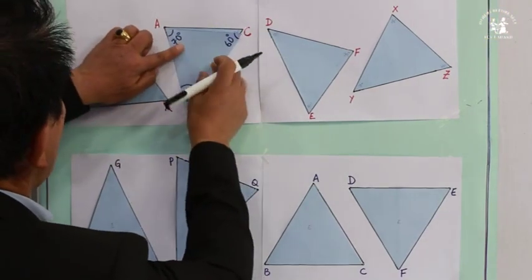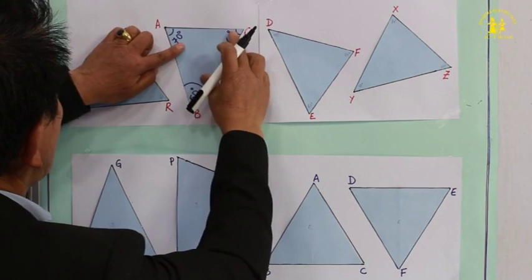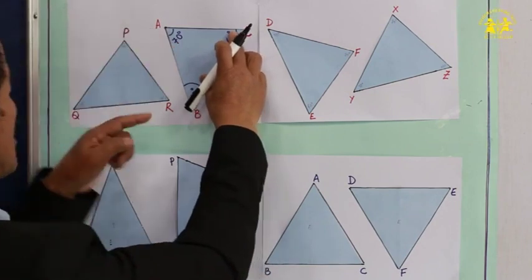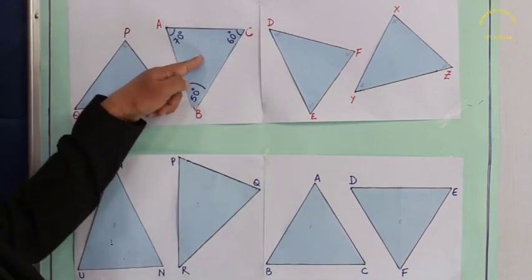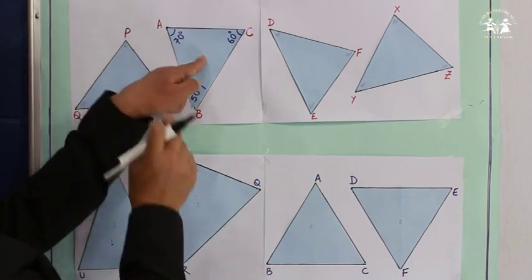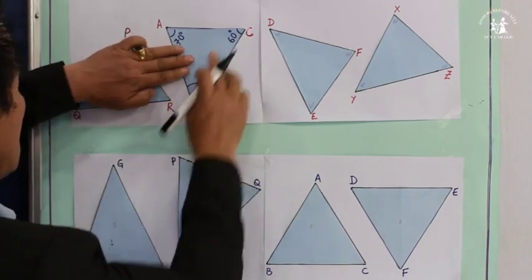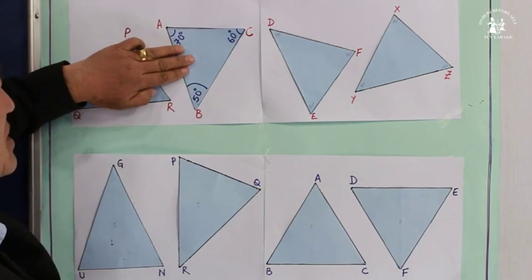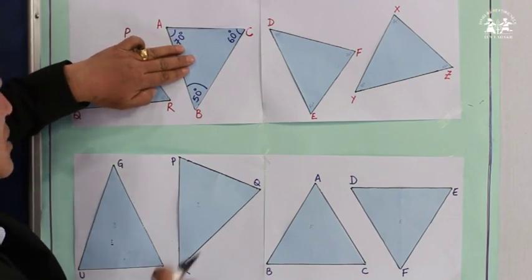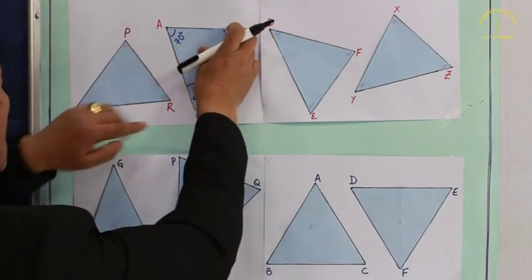Yes. So that means these two, triangle PQR and triangle ABC, are congruent. Okay, now let's see.